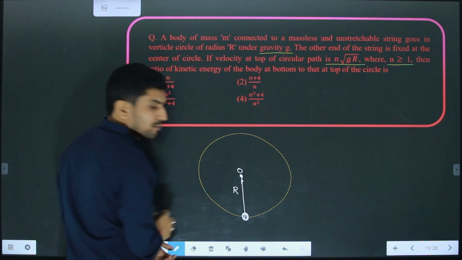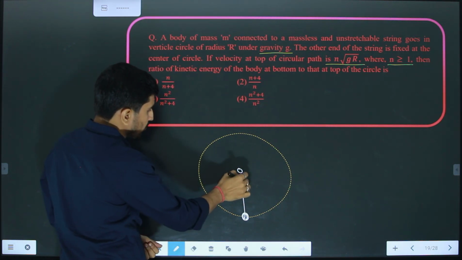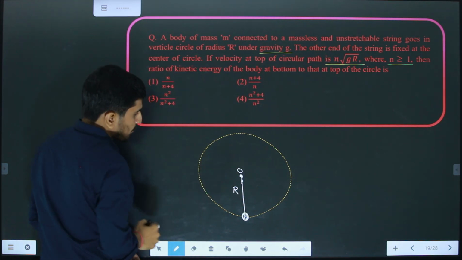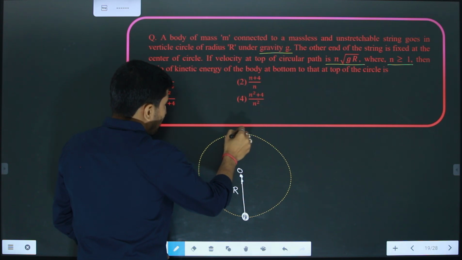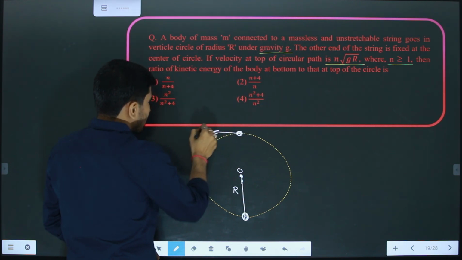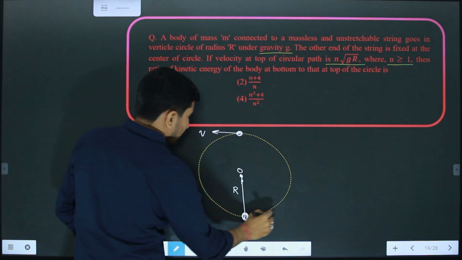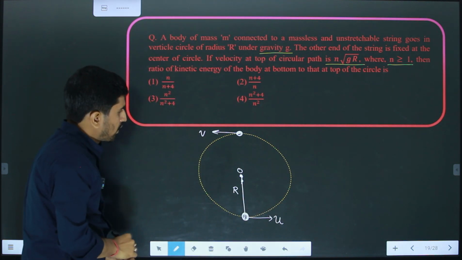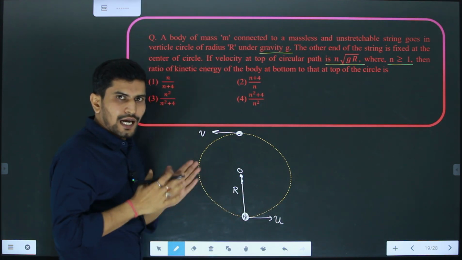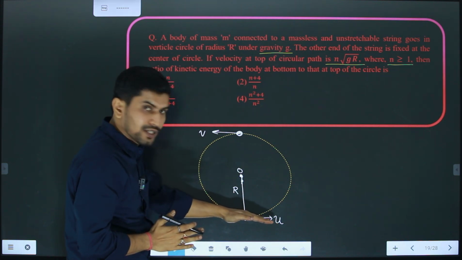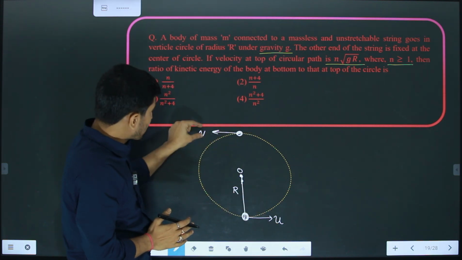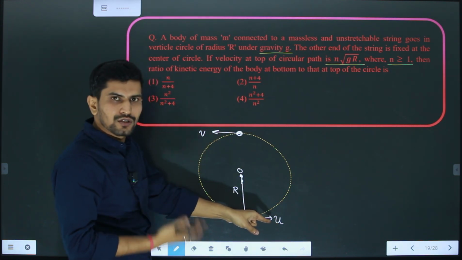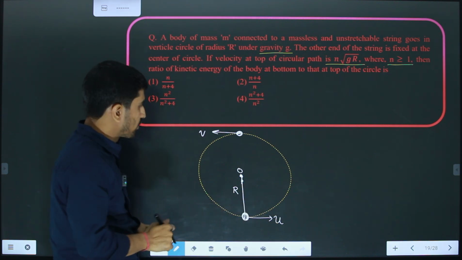This is the center of the circular motion and also the suspension point. At the top point, the velocity is given. Let's say this is v, and at the bottom point, let's say the velocity is equal to u. So we have to calculate the ratio of the kinetic energy of this to this. Now this velocity is known, but this velocity is not known. So we have to calculate this velocity.